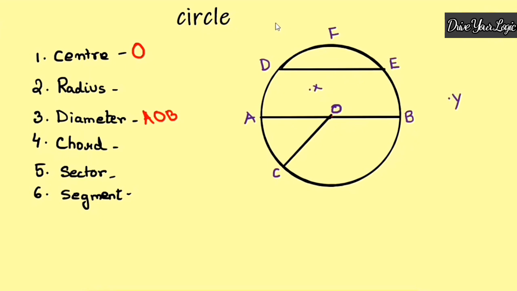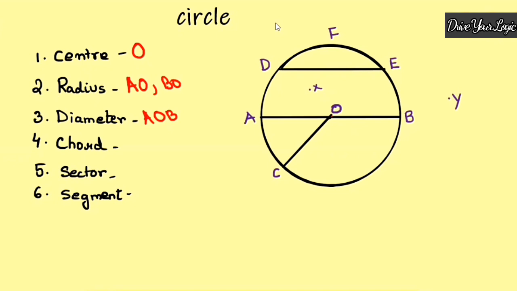Okay. So there can be many more diameters in this circle. And what is radius? Half of diameter. So if our diameter is AB, half of AB is how much? AO. So our radius is AO, or you can write BO. You can write OA, OB, same thing.